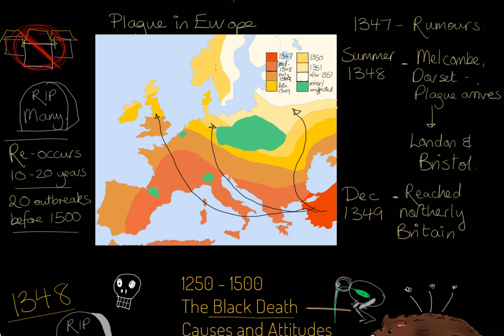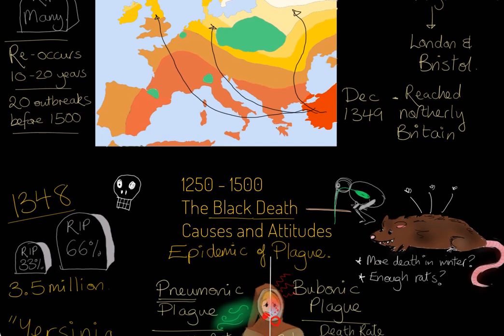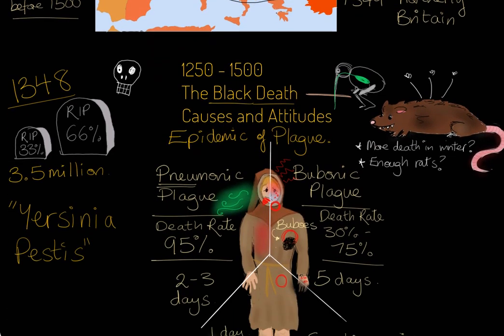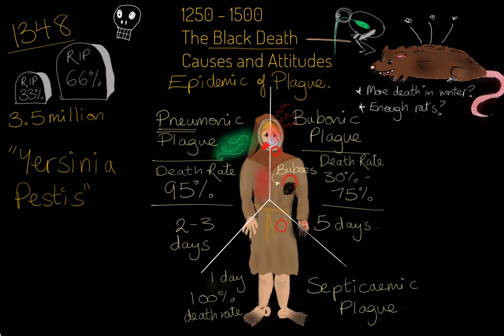Now, people at the time obviously didn't understand what was happening. They didn't know about germs, they didn't know about the fleas, they didn't know about the rats. And as a result, they came up with a number of explanations for the plague to try and explain what was happening to them and what was happening to the country at this time.